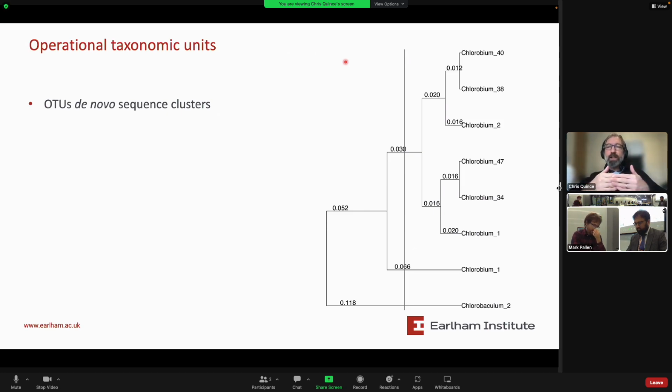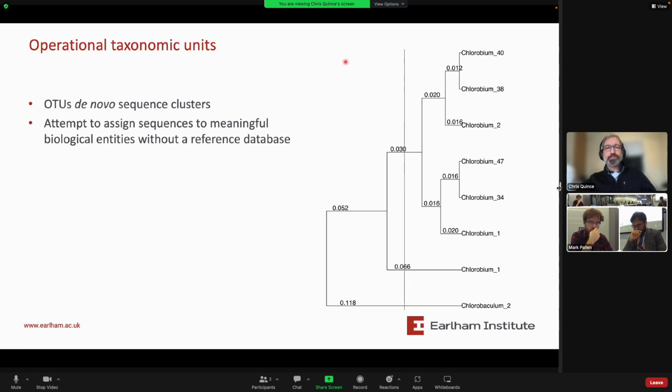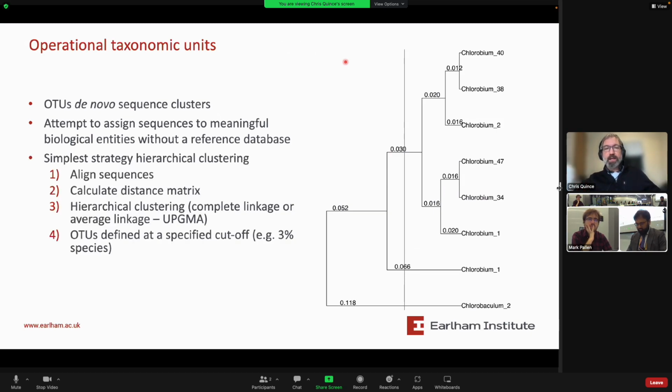We're trying to find the de novo clusters of sequences in our data set on the basis that they should correspond to relevant biological entities. The key thing here is that we can do that without a reference database. So it doesn't matter if we haven't even sequenced this community before.